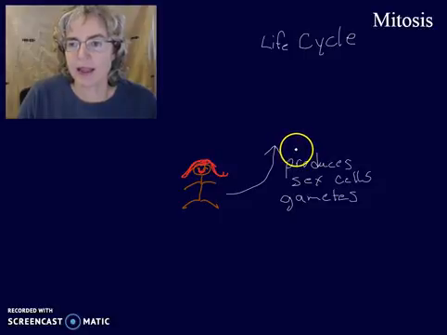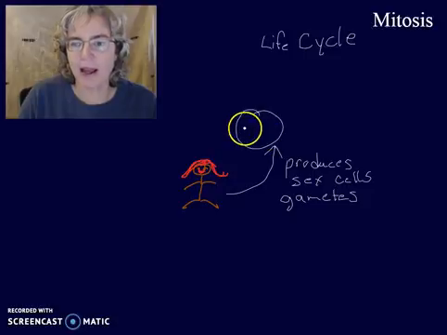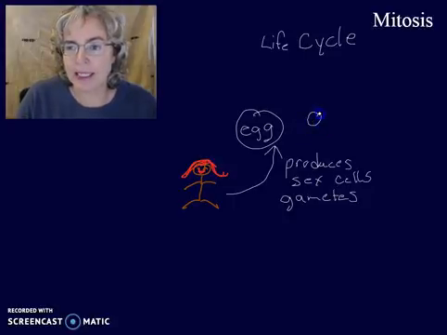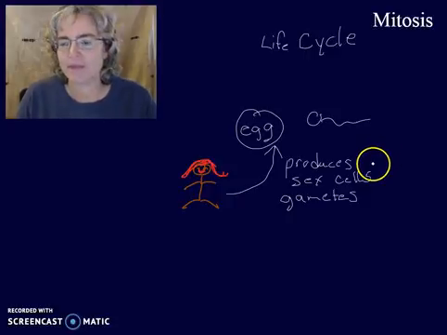Here is an egg that our female produced. And another type of gamete is a sperm produced by the male.